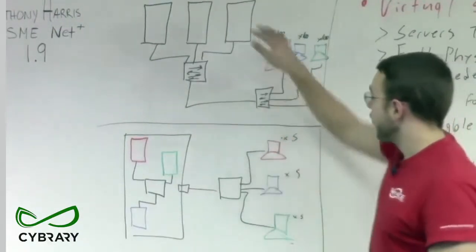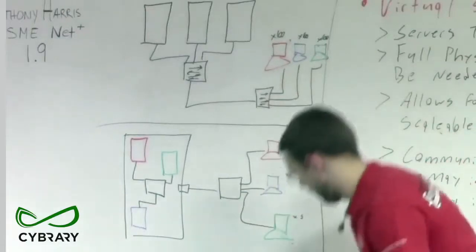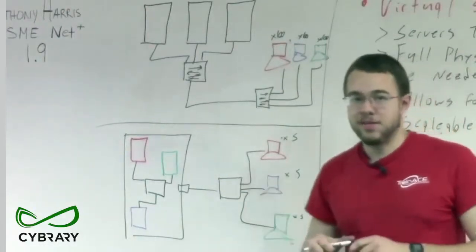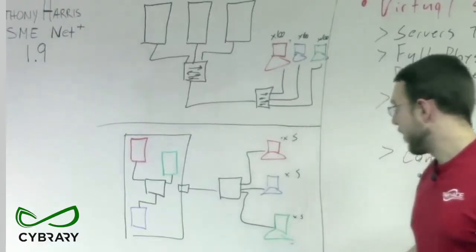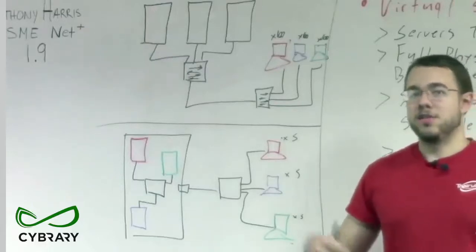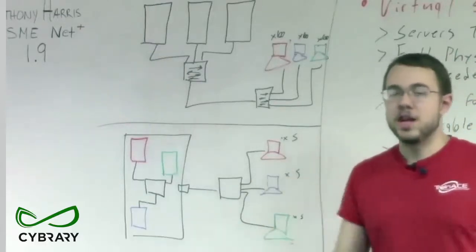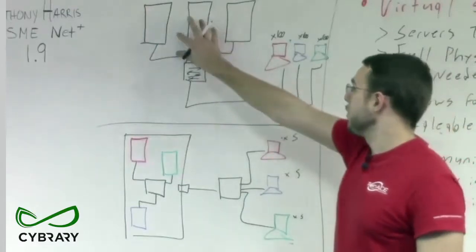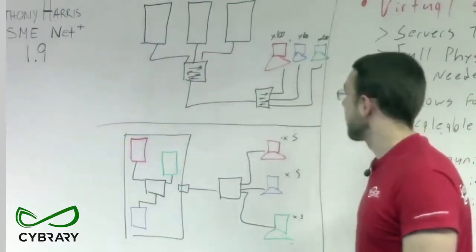Now, we have 3 physical servers that are dedicated to these 3 different subnets. They may be doing everything from acting as domain controllers to acting as file servers to performing DHCP or DNS. It really just depends on what we have them set up as. But we're going to say we have 3 physical servers for these subnets.